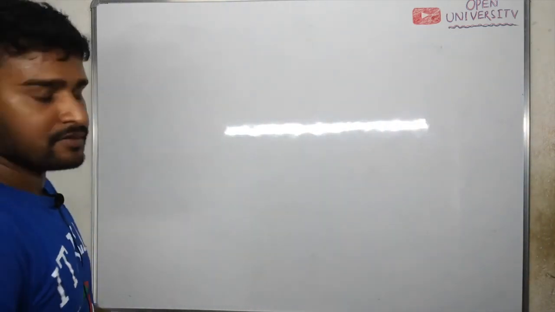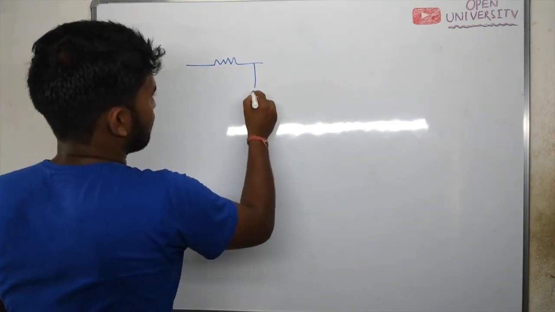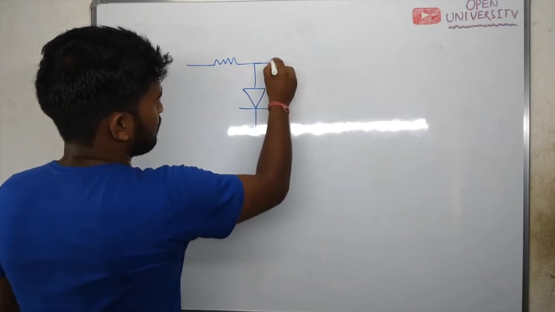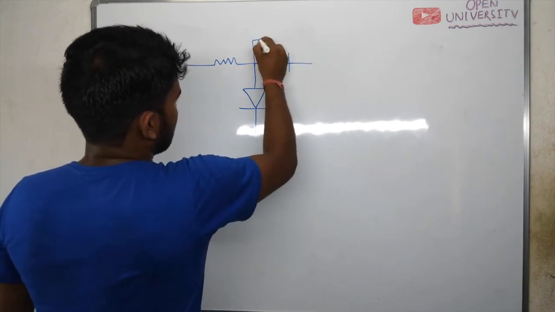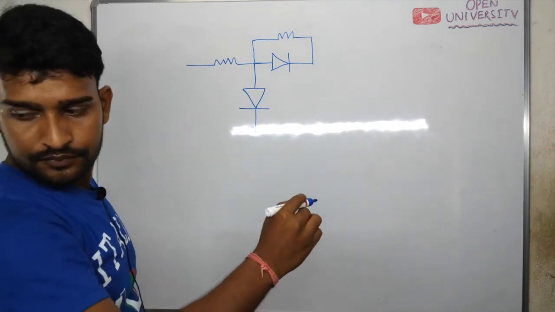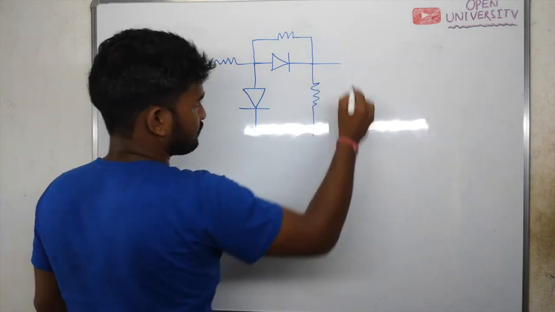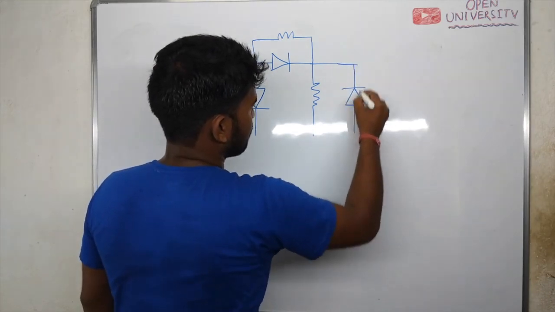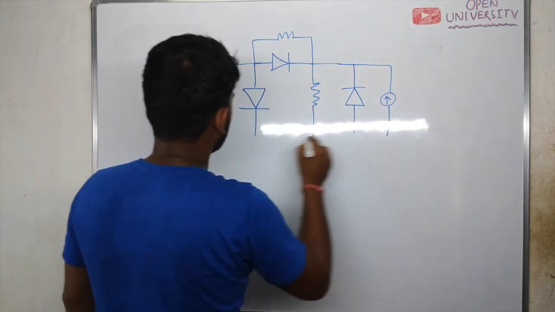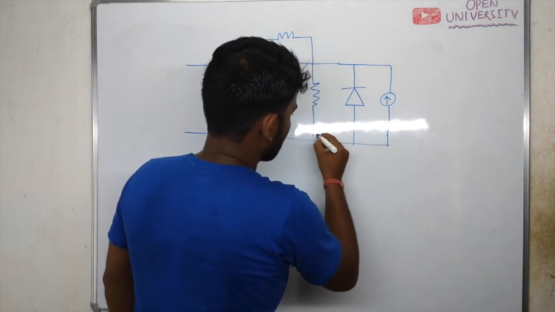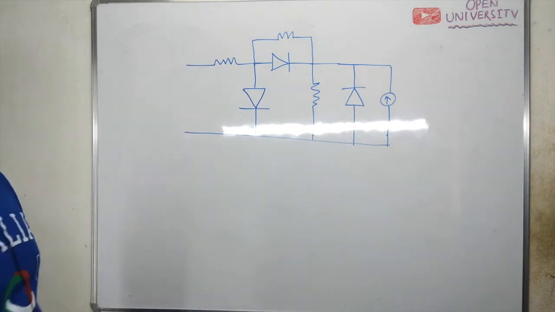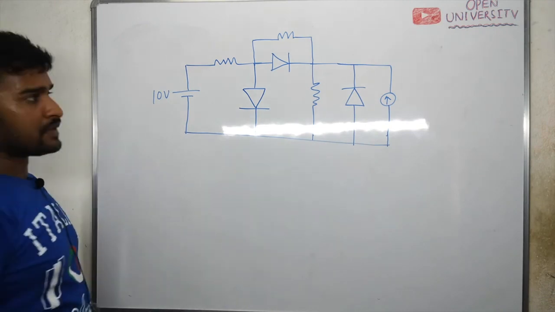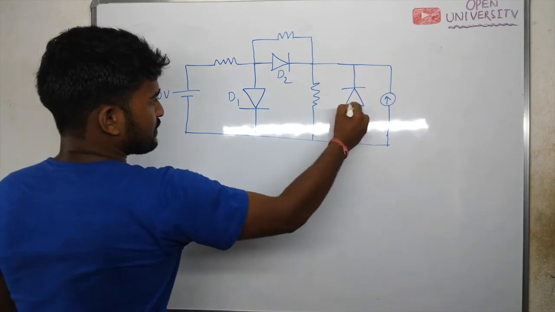The circuit is given like this: this is 10 volt, this is your D1, this is your D2, and this is your D3.